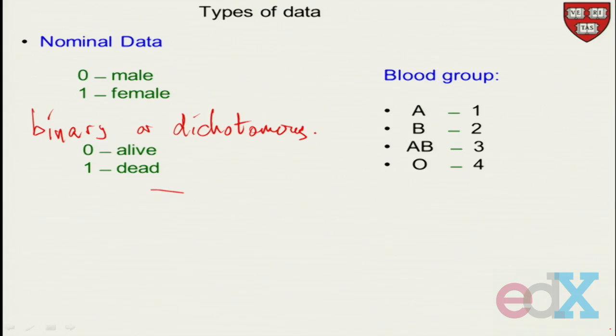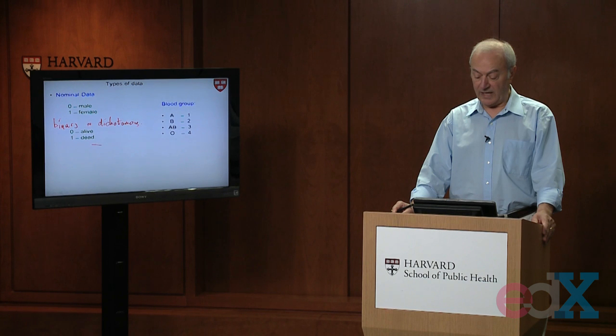But it doesn't just have to have 2 values. For example, if we're looking at blood groups, here we would need 4 values. So here we go. If we denote blood group A by a 1, B by a 2, etc., then it's just the fact that these are different. That's it. Okay? It's not that B is bigger than A and AB is bigger than B or anything like that.